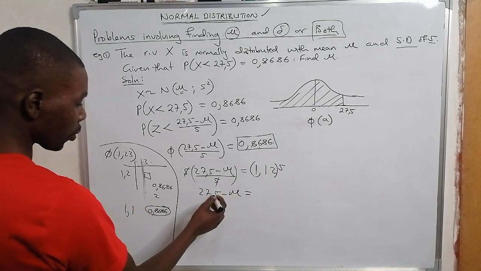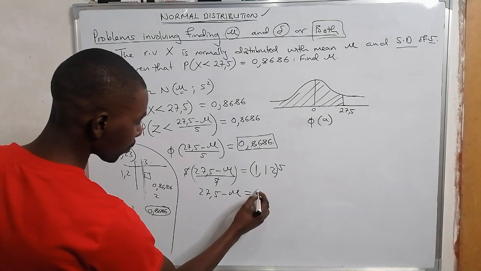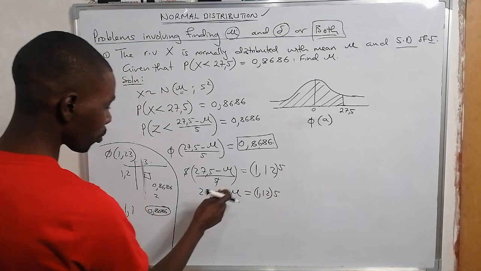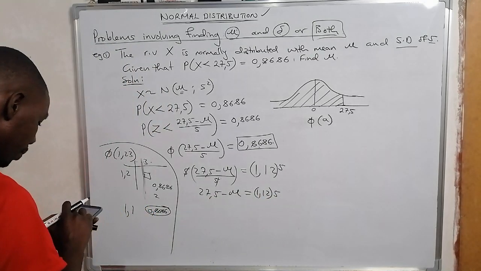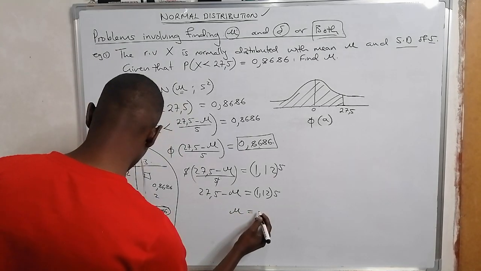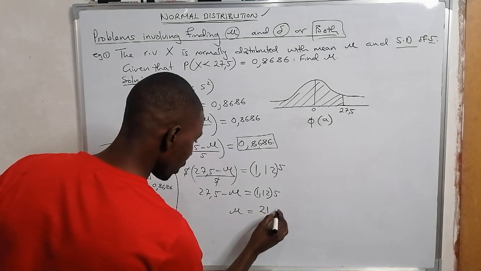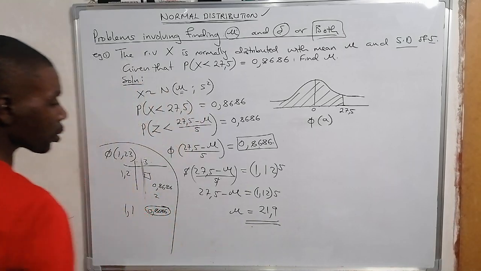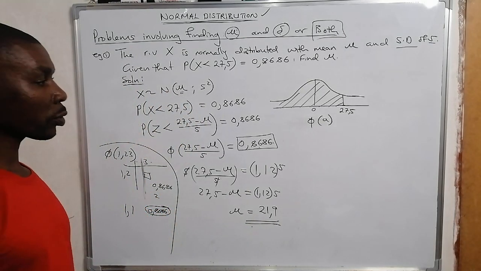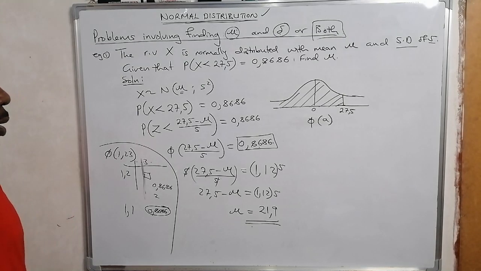Taking 1.12 times 5 from 27.5 gives us our mu of 21.9. So this is how we find our mean from a normal distribution.